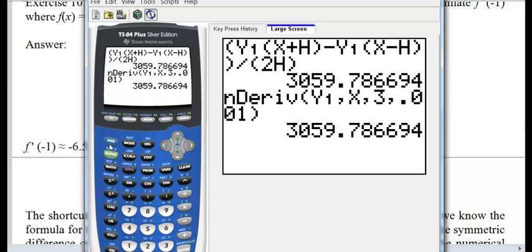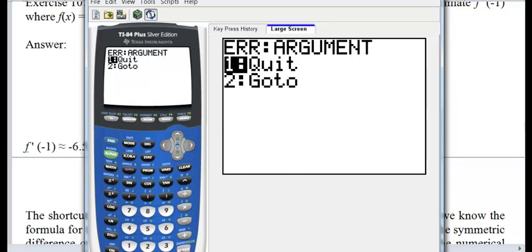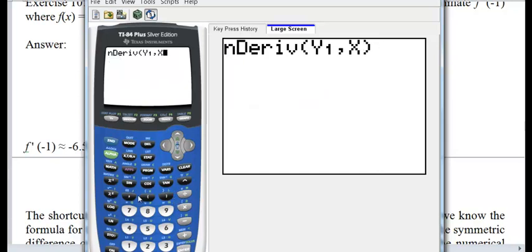Let me do one more thing. If you do this and you leave off the h value, you can leave off the h value, but you've got to have the x value, the a value.